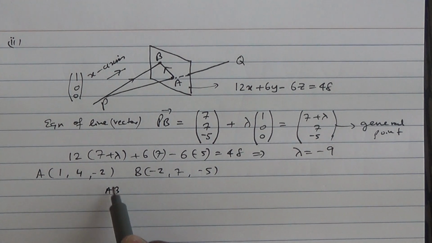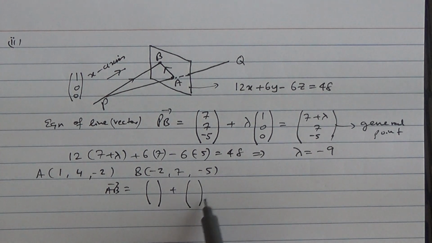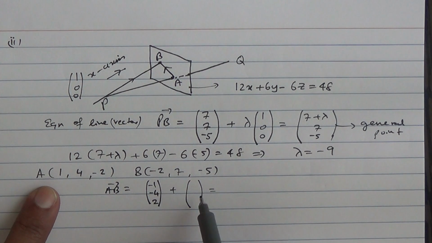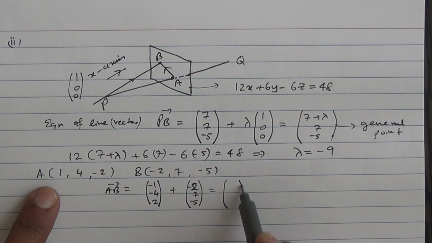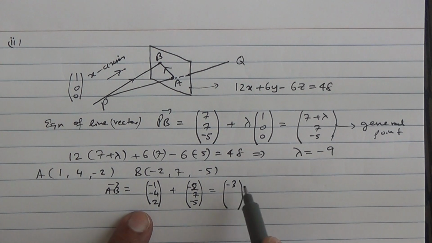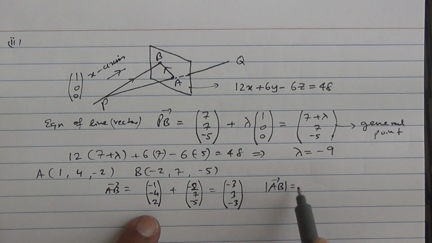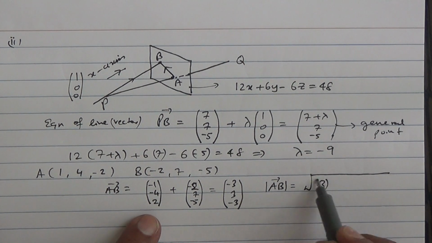The vector AB can be found by taking AO plus OB. AO is minus 1, minus 4, 2, plus OB, which is minus 2, 7, minus 5. Let's add these up. That's going to be minus 3, 3, minus 3.